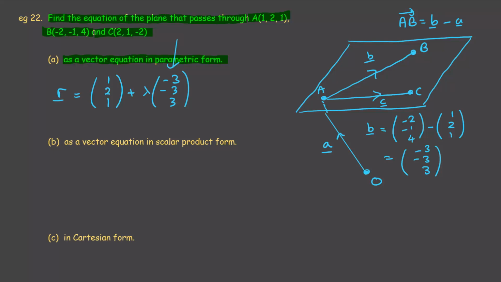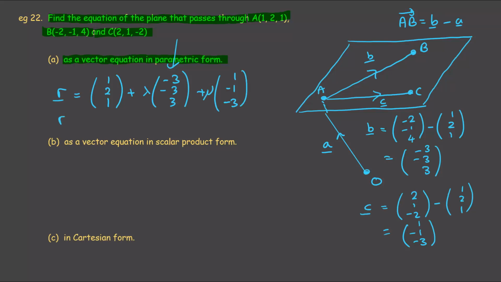And then we want the vector AC, which is going to be (2, 1, -2) take away (1, 2, 1), and that is the vector (1, -1, -3). So we've got (1, -1, -3) times mu.